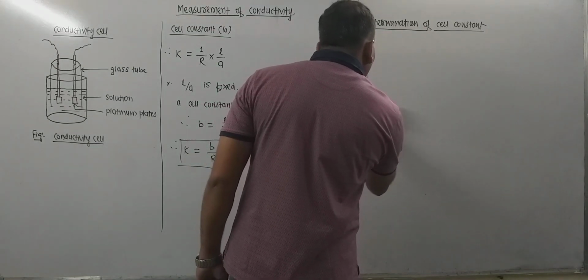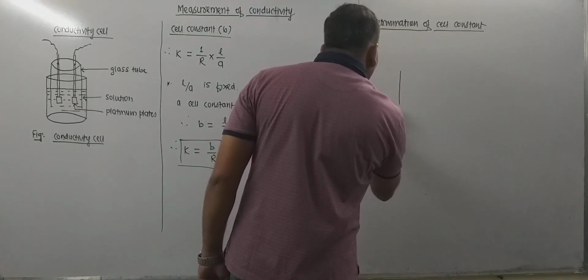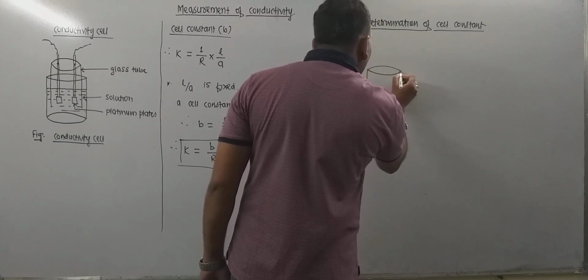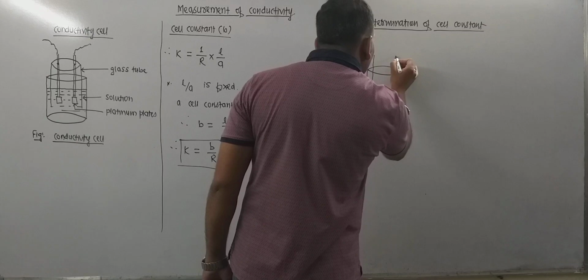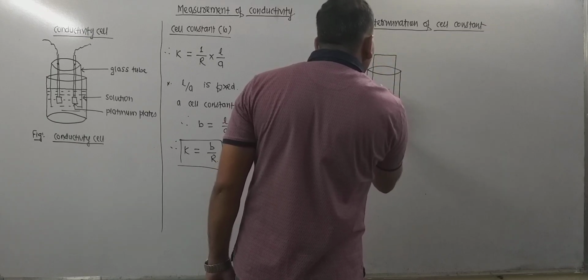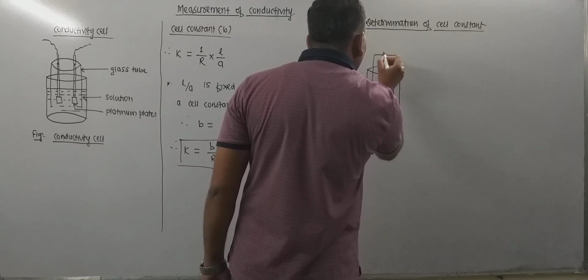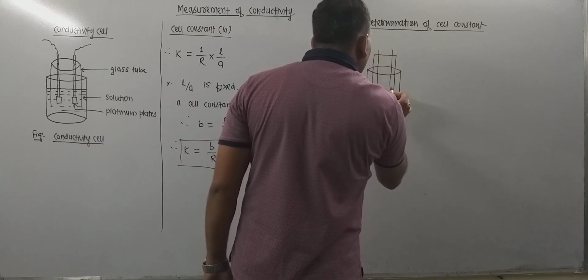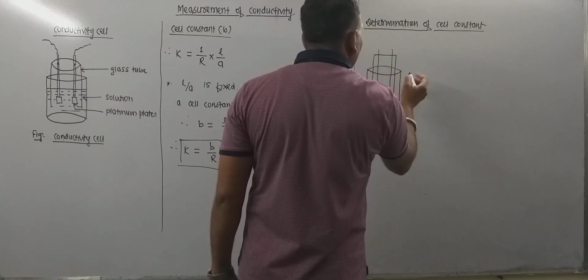Now here we go. This is our conductivity cell, which can be drawn roughly like this. This is a glass tube and the rods are platinum plates.